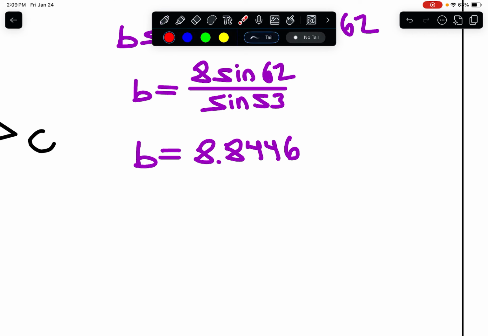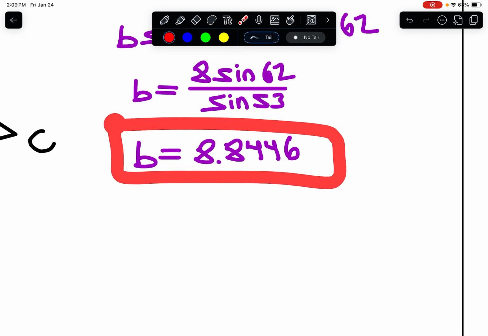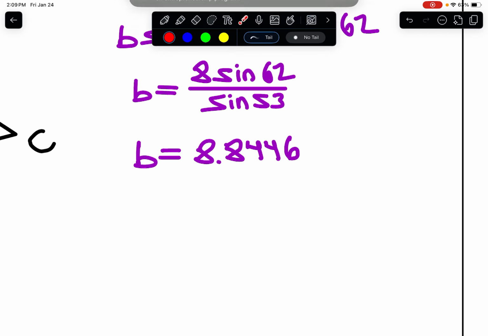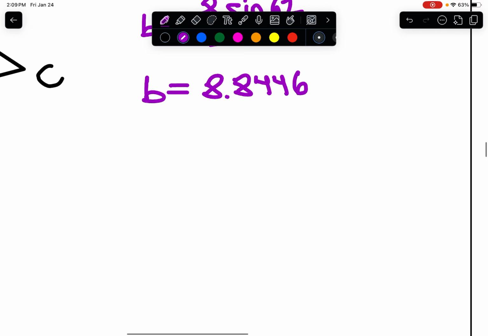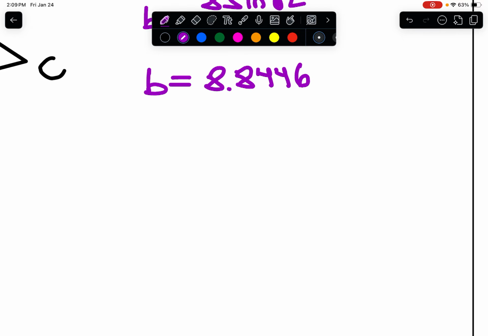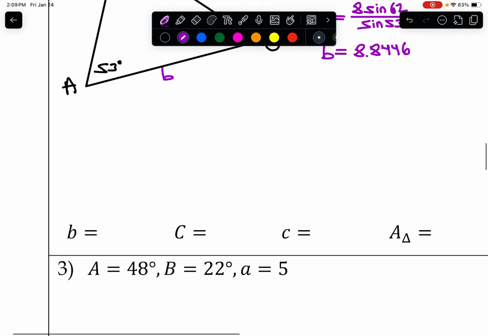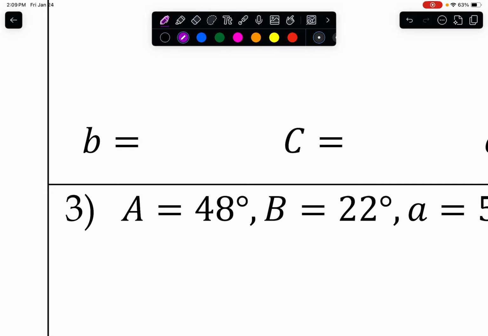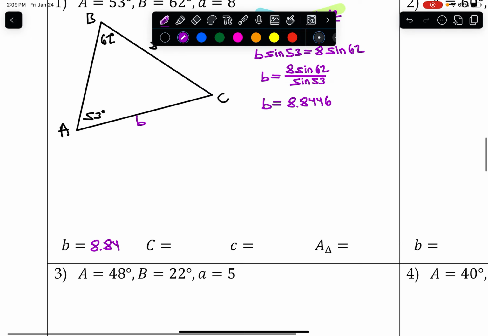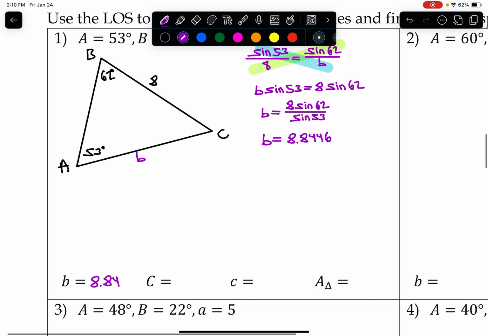Whenever you're doing work or you need your values for other answers, you're always going to want to use 4 decimals. But for the final answer, you're going to use 2. So I just found B. Instead of writing the full 4 decimals, I'm just going to write 8.84.